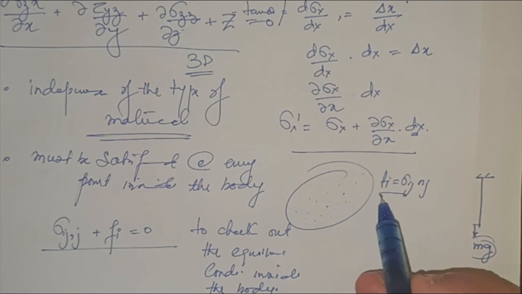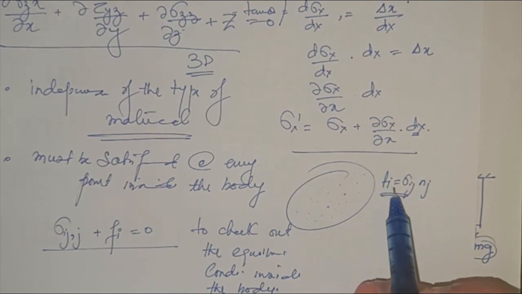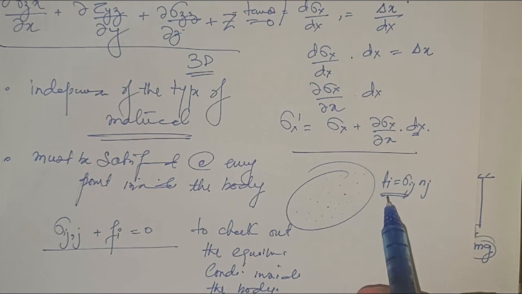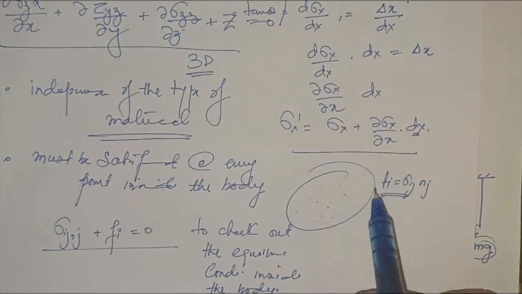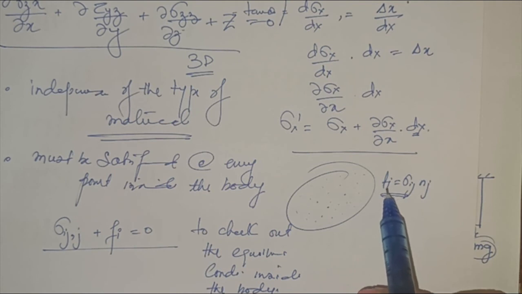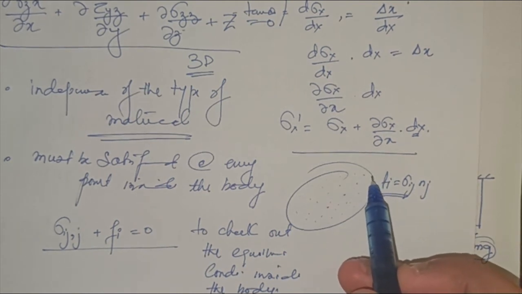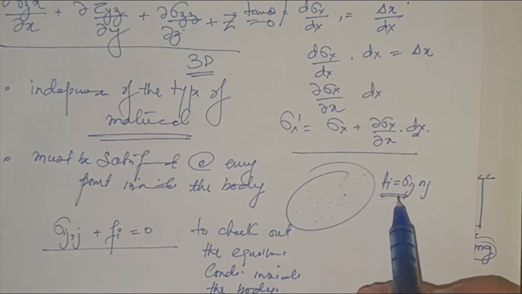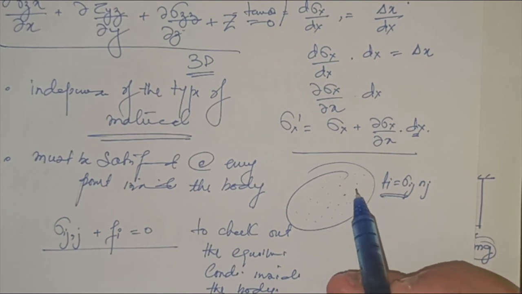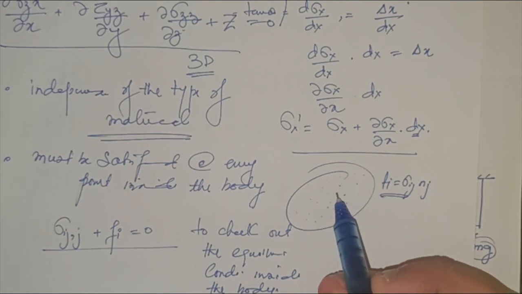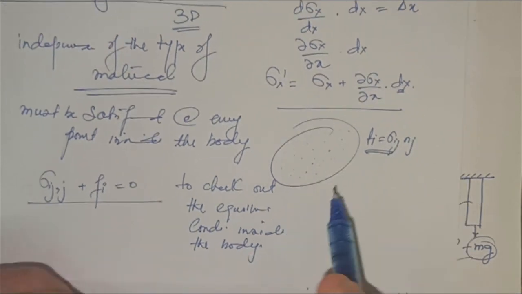However, the Cauchy's relation, Ti equals sigma ij nj, this is the Cauchy's relation, also called Cauchy's characteristic equation. So this needs to be satisfied on the boundary. But you would like to say that I said that at each and every point inside the body, sigma ij is also there. But I have cut that body.